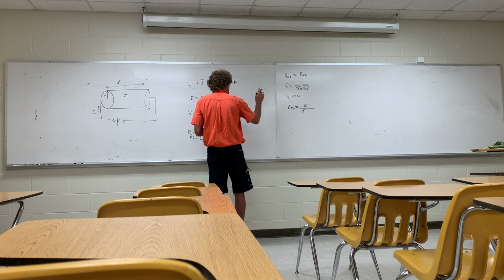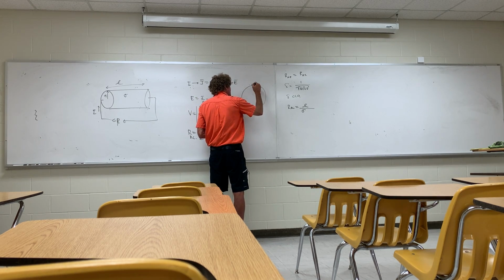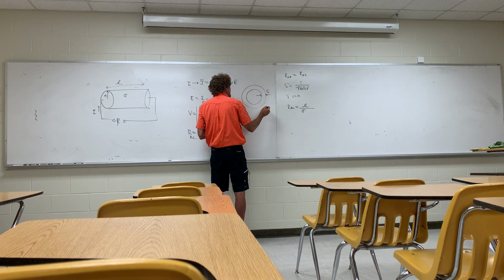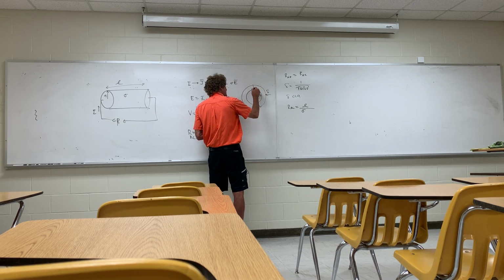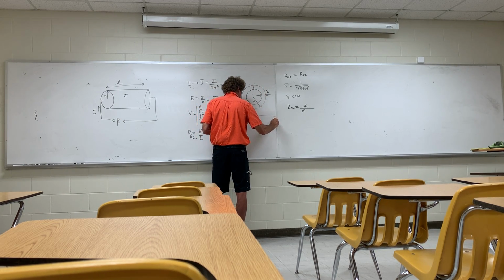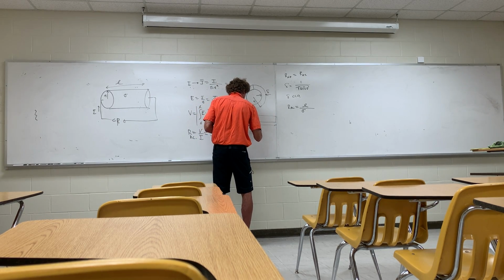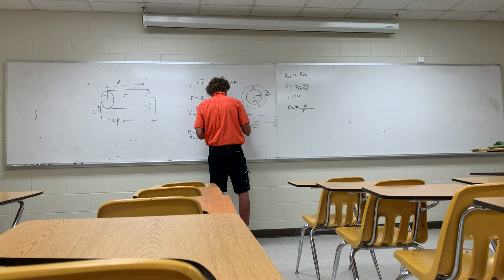But now the area that the current goes through is just going to be one skin depth deep. If the radius of the wire is A, you can see if you just cut that and spread it out, the total length here would be the perimeter, or 2 pi A, and this width would be a skin depth.